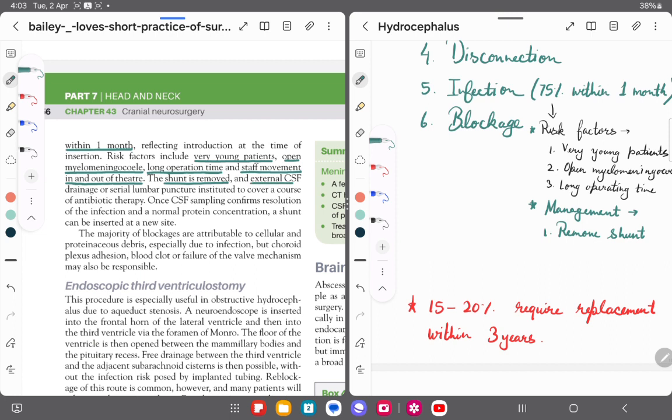Then external CSF drainage. Serial lumbar puncture. Number 3 is antibiotics.